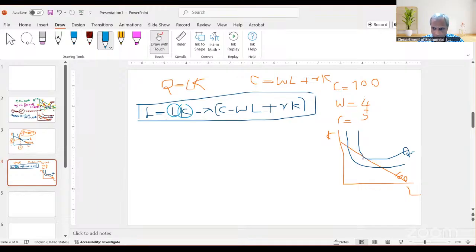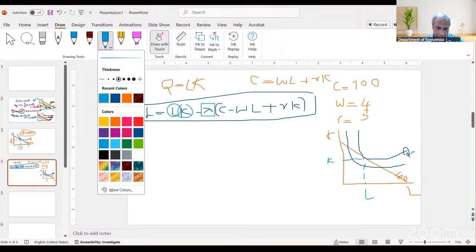We want to know how many laborers at this point to recruit, and how much capital also. In this Lagrangian equation, the lambda also, we don't know. So with that differentiation, we get the first order conditions.